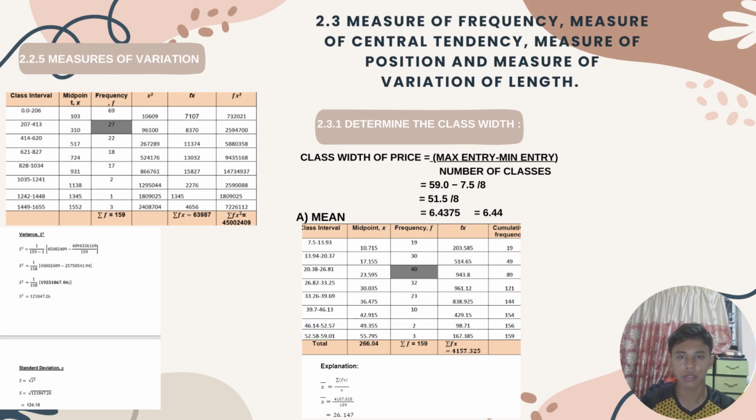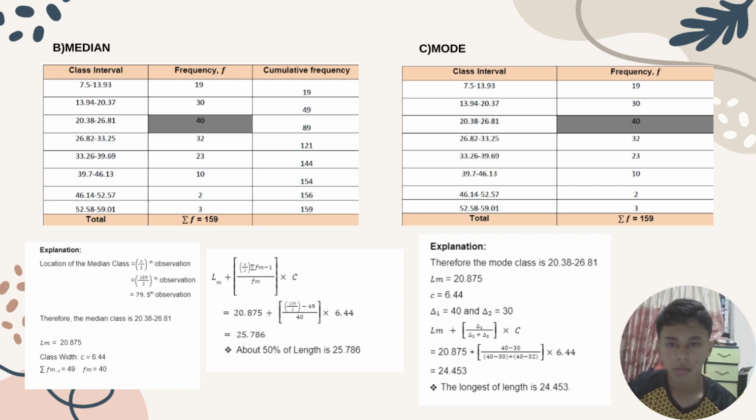Then 2.3.2, measure of central tendency. For the mean, we get the sum of x, 4157.325, divided by 6, we get 26.147. For the median, using the formula of median, the class of median is 20.38 to 26.81.